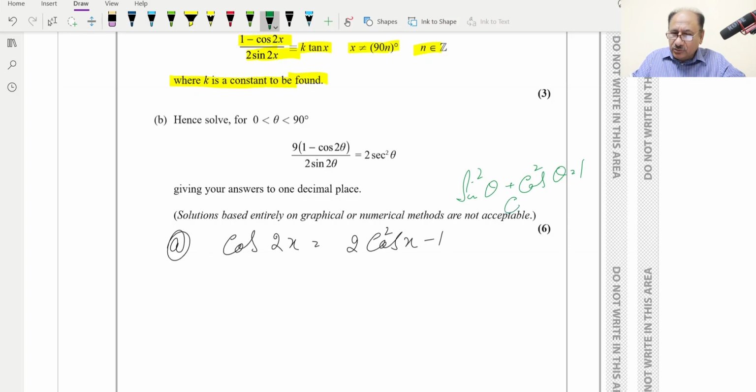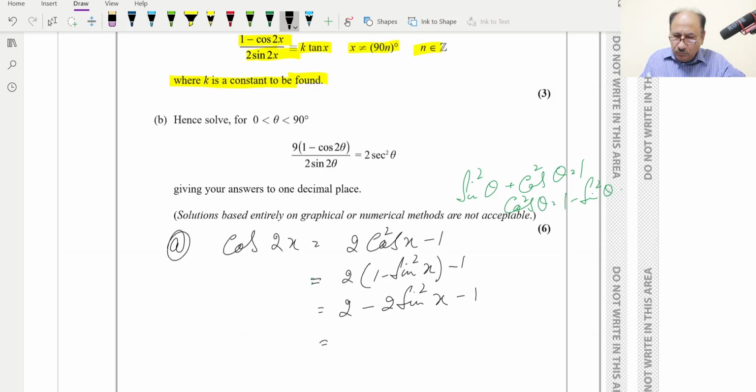So cos square theta will be equal to 1 minus sine square theta. So we will be replacing this cos square x by 1 minus sine square x, and our next step will be 2 into 1 minus sine square x, minus 1. We can open the bracket, so it will be 2 minus 2 sine square x minus 1, and 2 minus 1 will be 1, so 1 minus 2 sine square x.